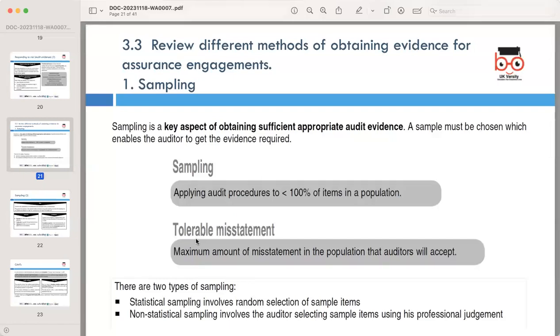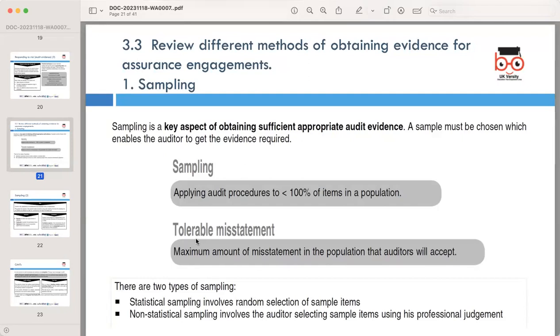As auditors, we apply our procedures to less than 100% of the things we are checking. That's because looking at everything is like eating the whole bag of candy. It is much too much. We want to be sufficient and effective in our work.